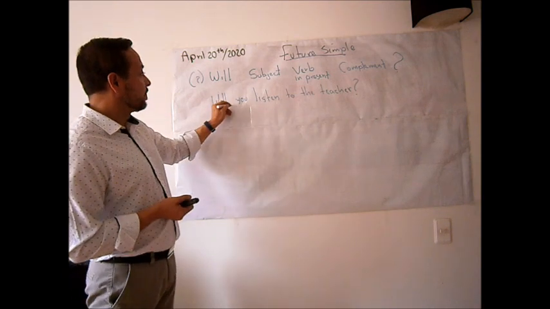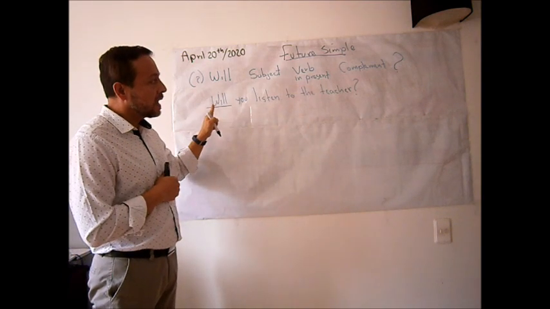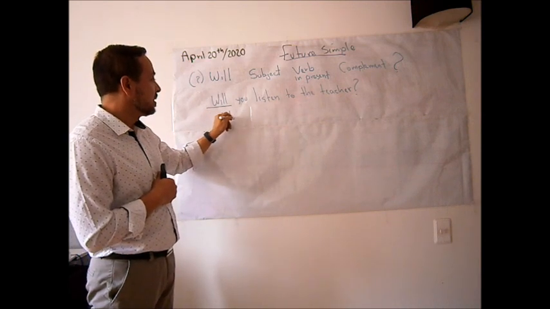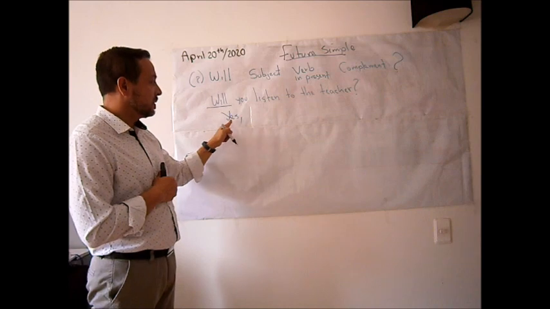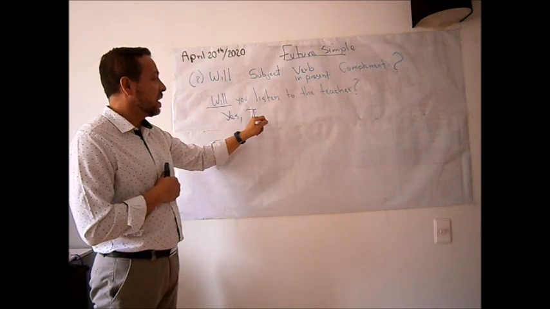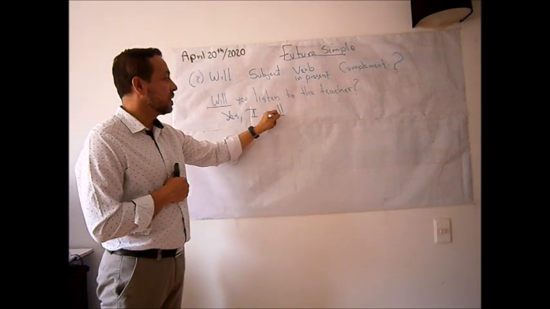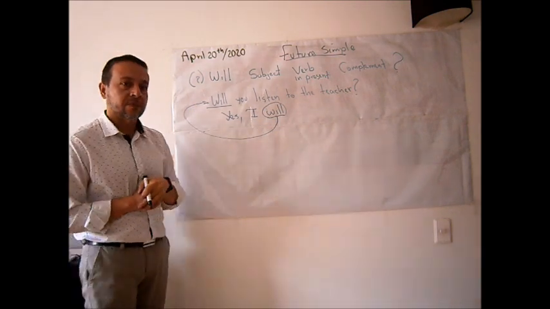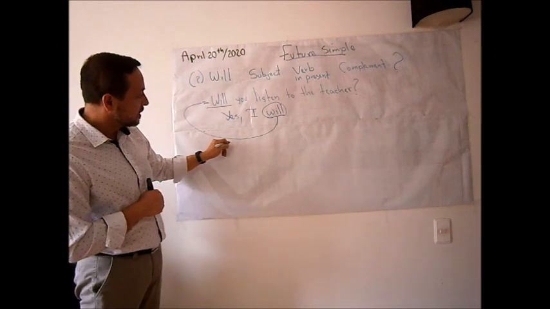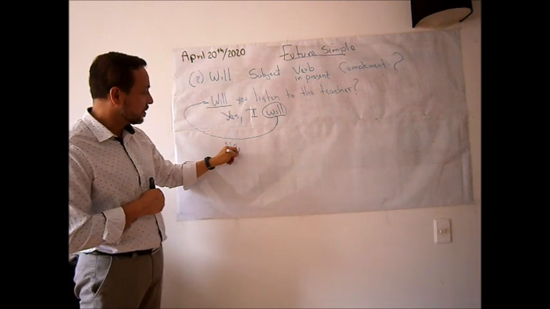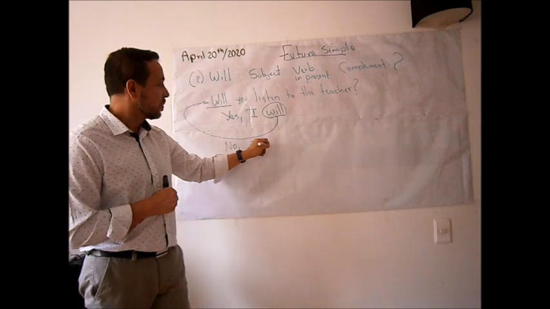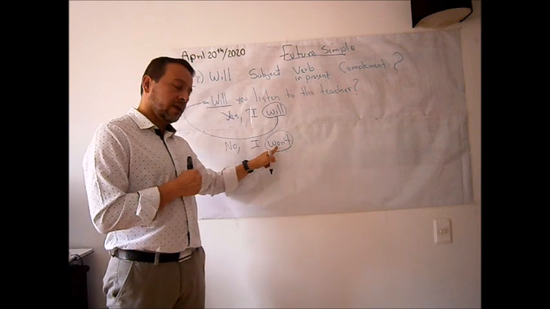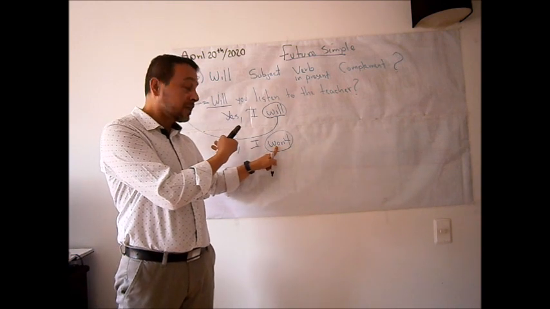Okay? Now, when you ask questions with will, remember to answer in this form. Yes, when it's affirmative, and we are going to use the auxiliary verb will. When you answer in negative form, you put no, I won't. This one is the same auxiliary verb as in the negative sentences.